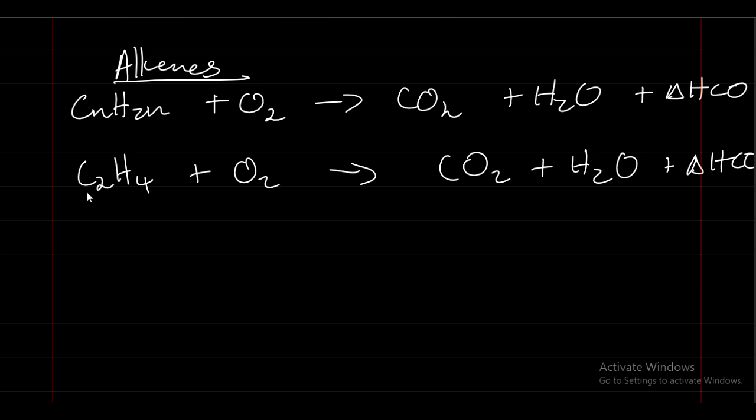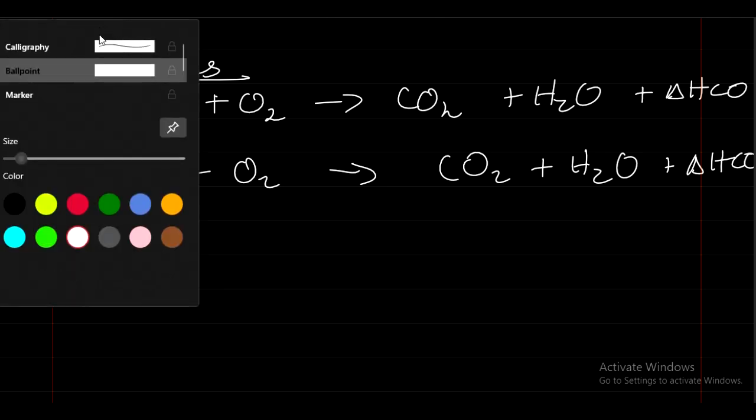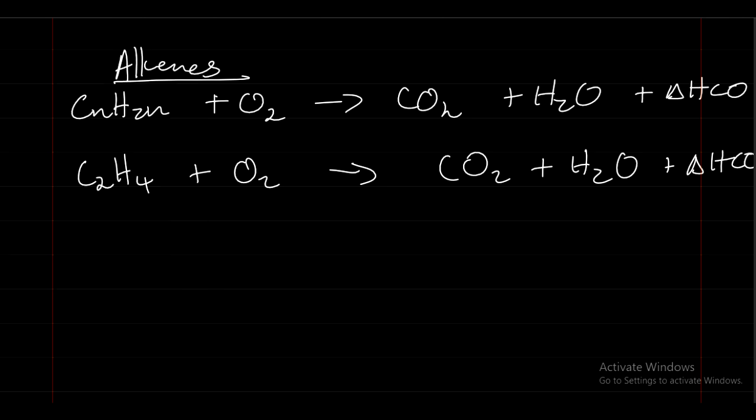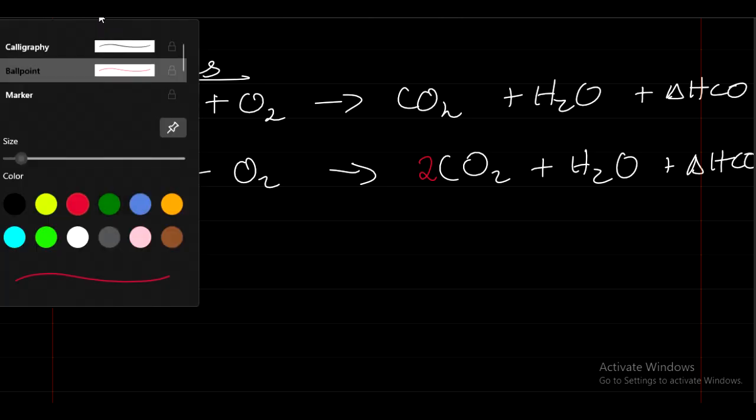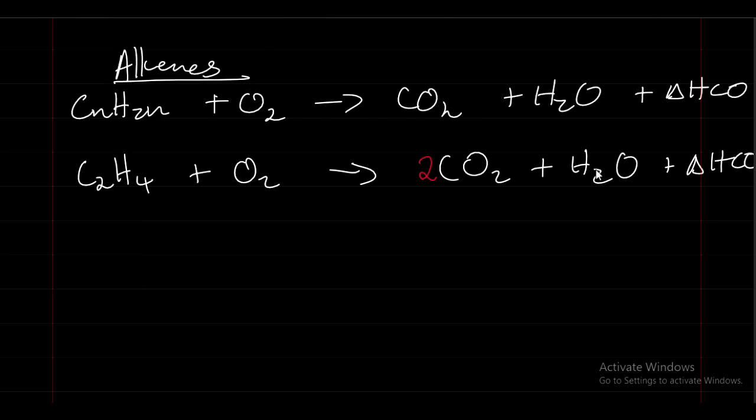Still the same thing: you balance carbons first, hydrogen second, and oxygens last. So here we have 2 carbons, 2 carbons. What about hydrogens? 4 hydrogens, and then here I have 2 hydrogens, so I must put 2 here, so that 2 times 2 is 4.